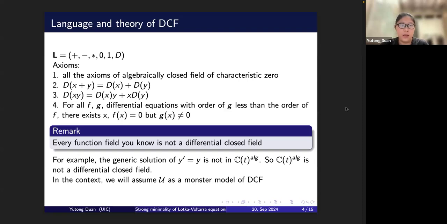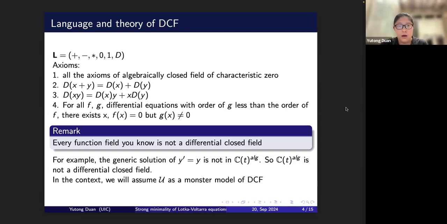That is, for any differential polynomials, let's say we pick two, f and g, with order of g less than the order of f, then there exists a solution x such that f(x) equals 0, but g(x) is not equal to 0.